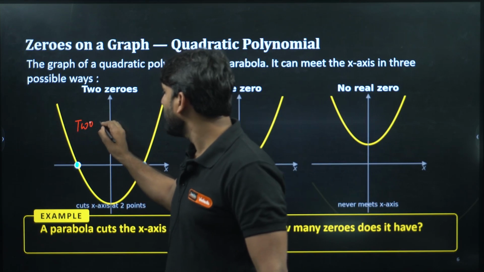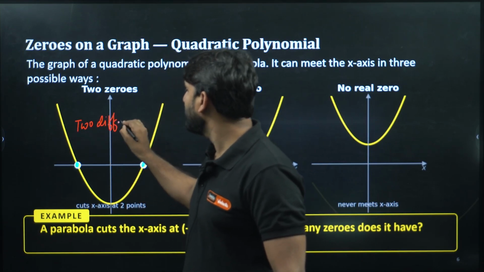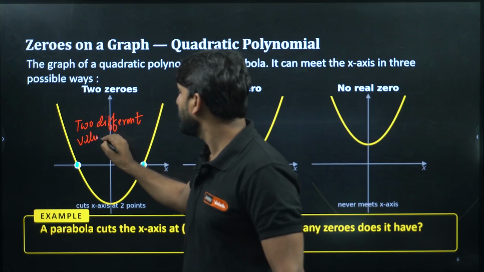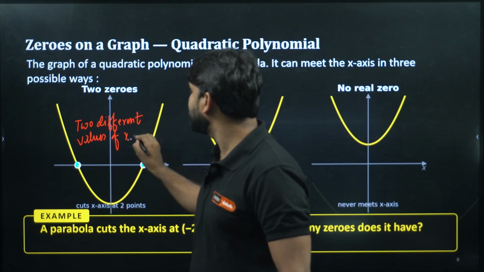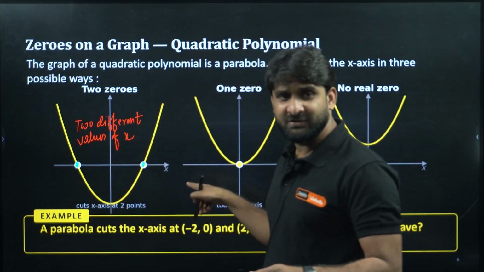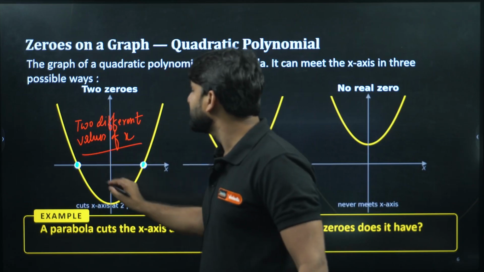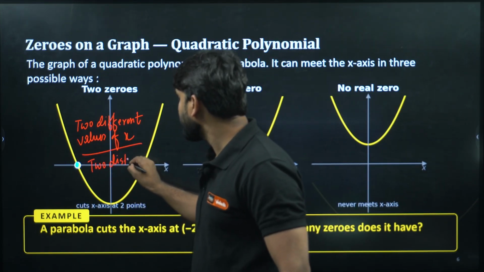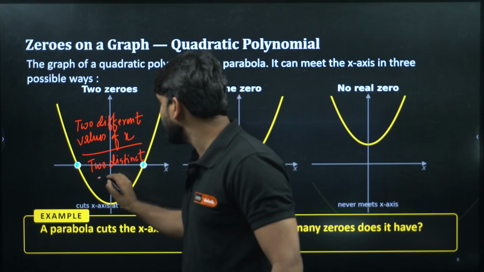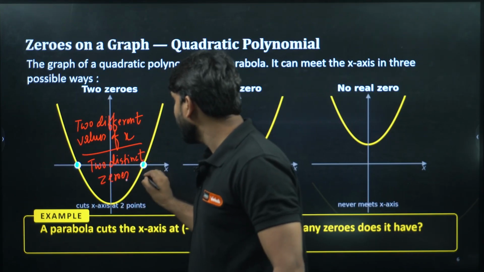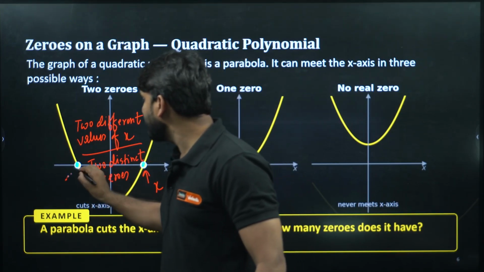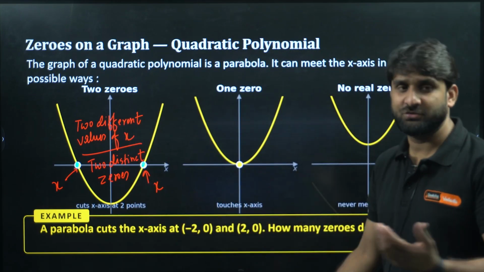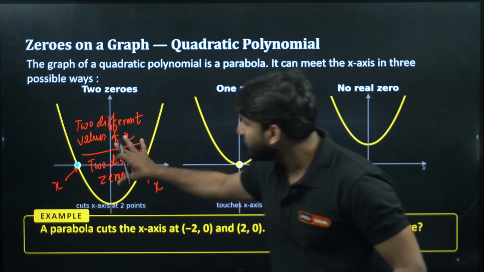Two different values of x, and two different values of x means two distinct zeros. Both the values of x here will be different from each other. One is positive, the other is negative. So there will be two distinct real roots.